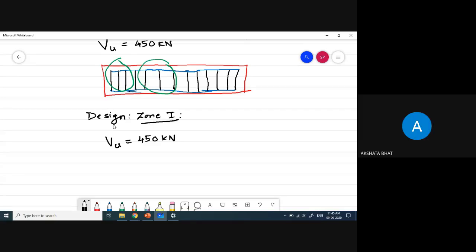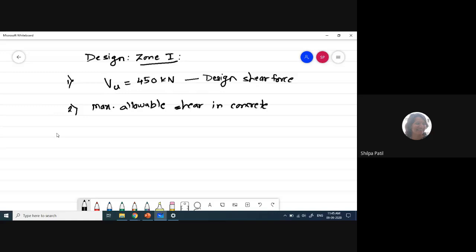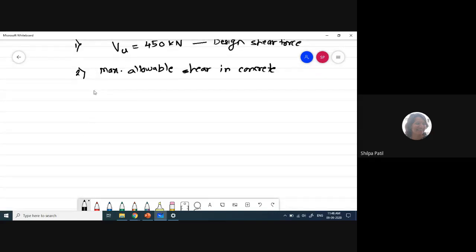Okay, now what is the next step? Calculate the maximum allowable shear in concrete, V_uc max. This is the first step; I will write down step by step. This is the design shear force. Second step, the maximum allowable shear in concrete we have to calculate, and that value is given as V_uc max.